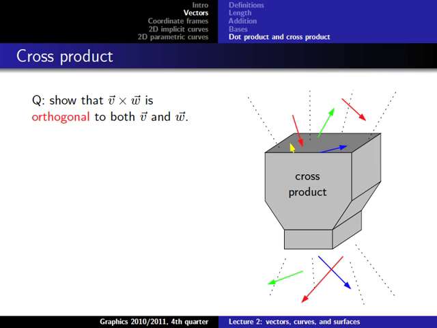So if we show that the dot product of the vector v with the cross product of v and w, and of w with it, is 0, then we have proved that it is orthogonal.